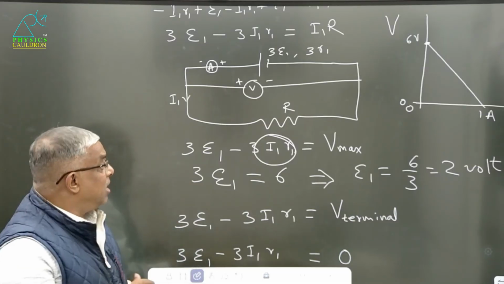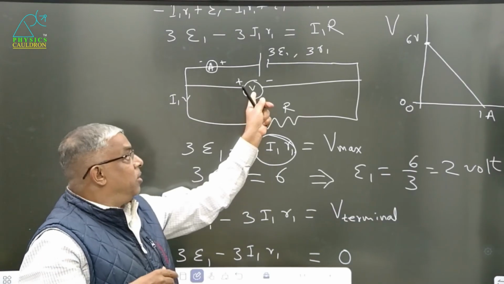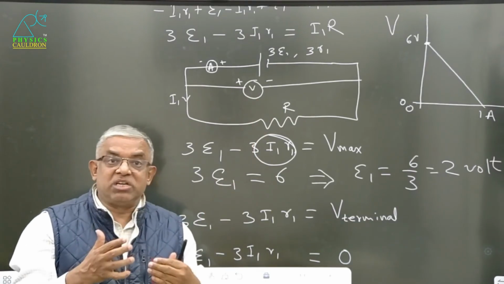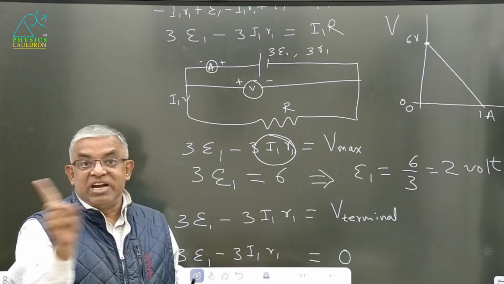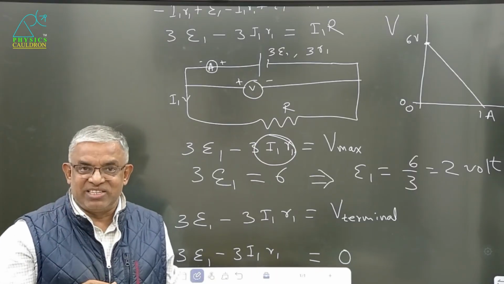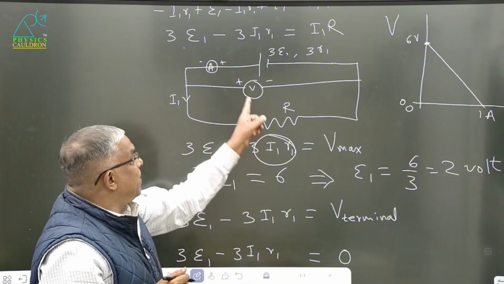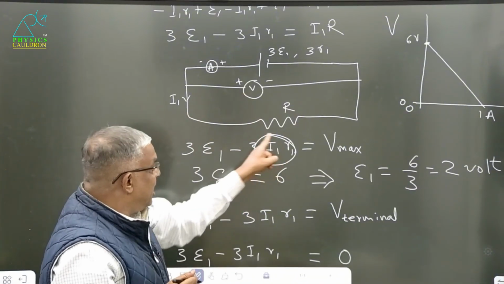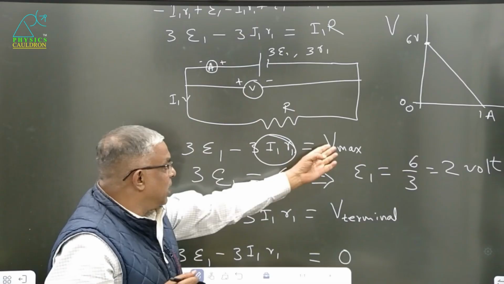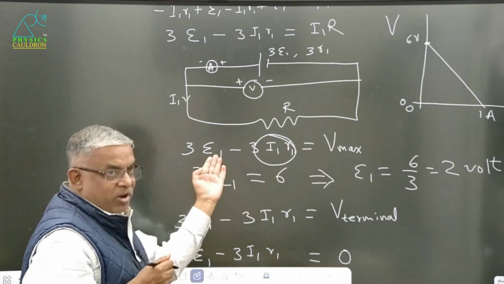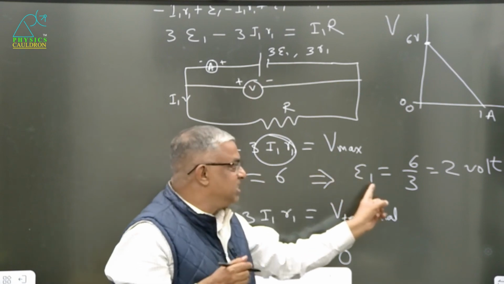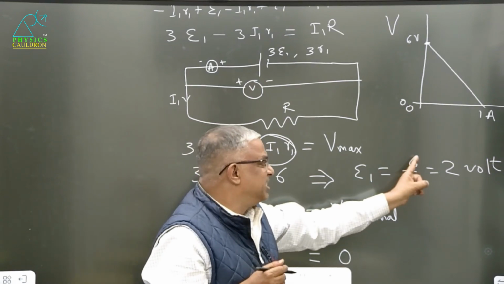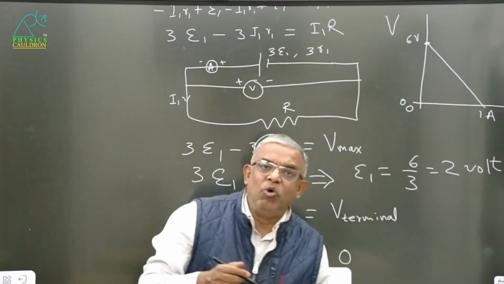And when is the terminal potential difference across a cell maximum? When the cell is not sending any current in the external circuit, that means when the current I1 becomes 0. Then the terminal potential difference is just 3 E1, whose value is given to be 6, and therefore each cell has a terminal potential difference of 6 by 3, that is 2 volt.